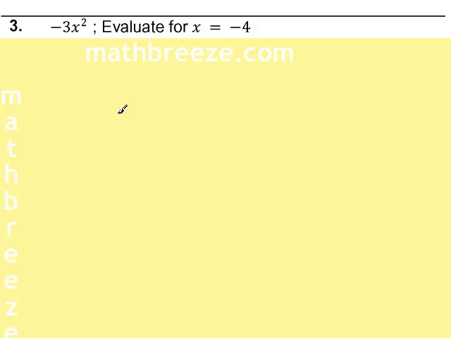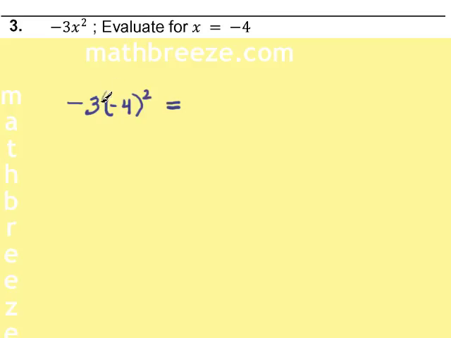In number 3, we have 3 minus x squared. So let's rewrite. Instead of x squared, we're putting parentheses squared. Put the minus 4 in the parentheses. Make sure you put that square on the outside of the parentheses. All right, so now we're going to do exponentiation first.